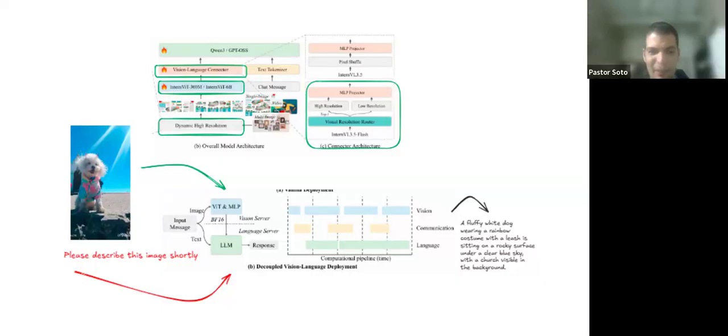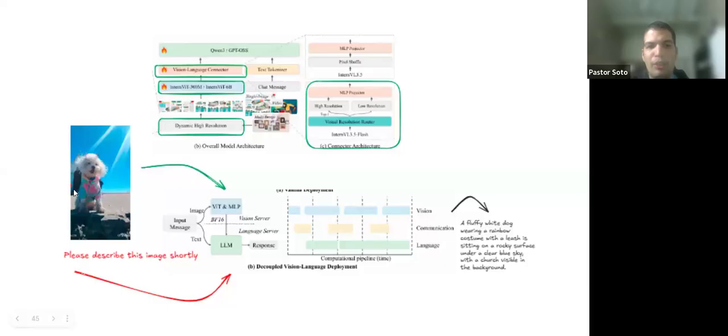Awesome. So this is a picture of the protagonist of my story. The image goes to the vision model, and then the text goes to the large language model, and they're preparing the response side by side.